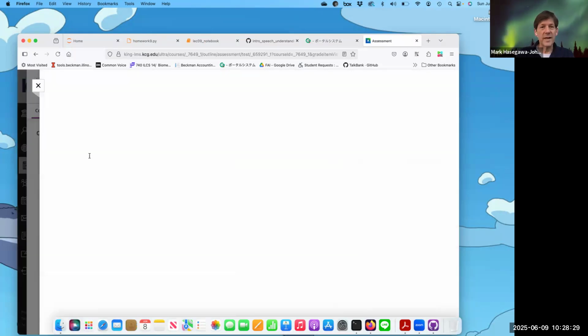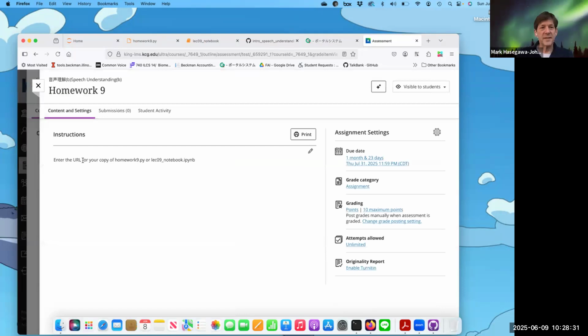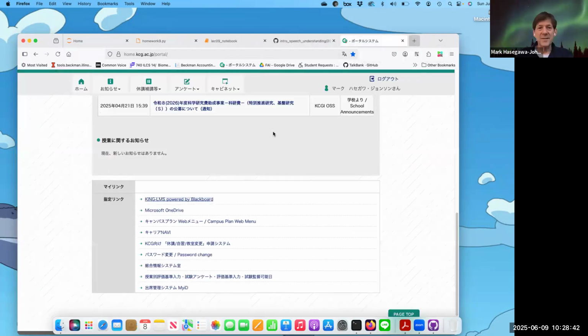If you go to homework 9, then you should see something that says enter the URL for your copy of homework9.py, and you should be able to enter the URL here, and then I'll check it manually and grade those. That's all for this week.